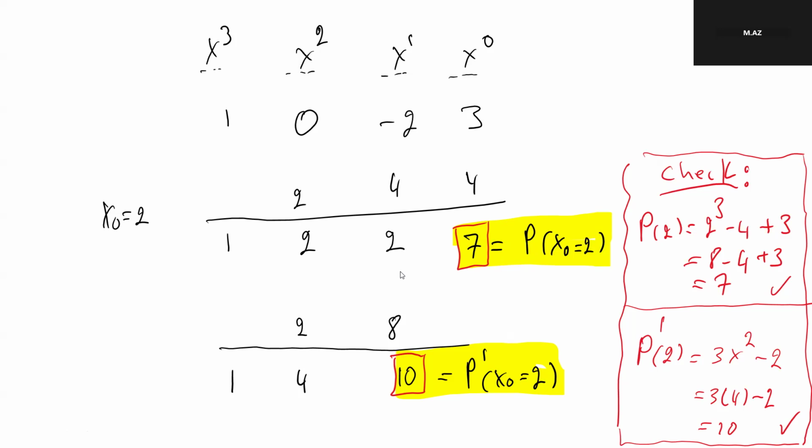And if we try to find the first derivative of this polynomial function based on Horner's method, we have to run Horner's method one more time. This is the 1, just for the quotient part. 1 times 2 becomes 2. 2 plus 2 is 4. 4 times 2 is 8 plus 2 is 10. It means the first derivative of this polynomial function at point 2 is equal to 10.